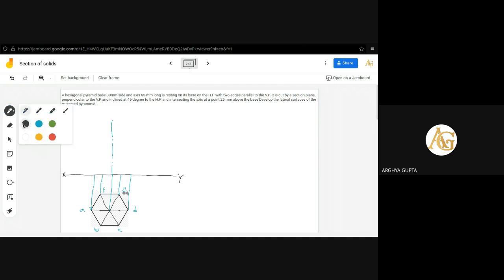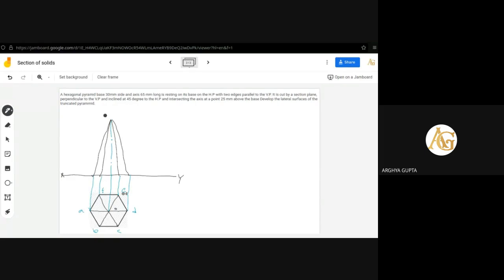We'll complete the solid projection first. I'm just drawing the zero point. So this is O dash.